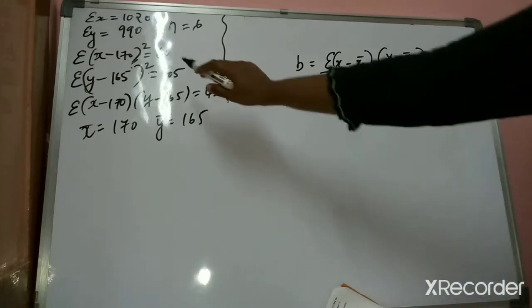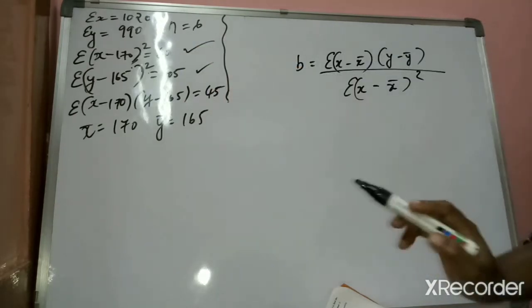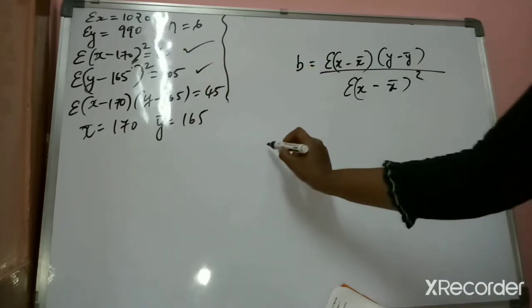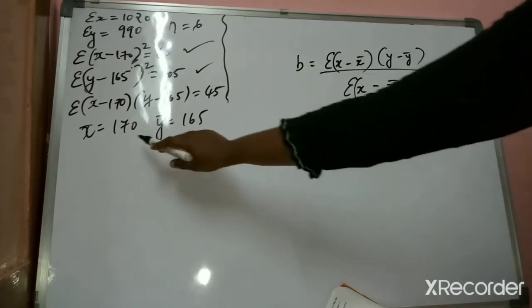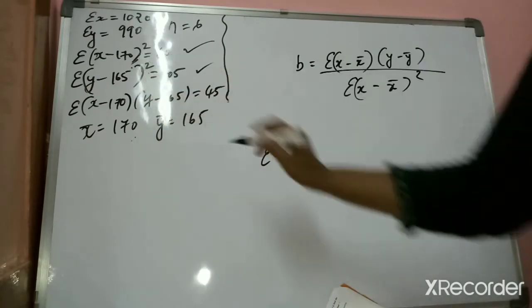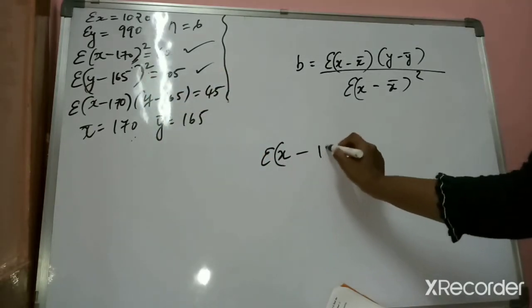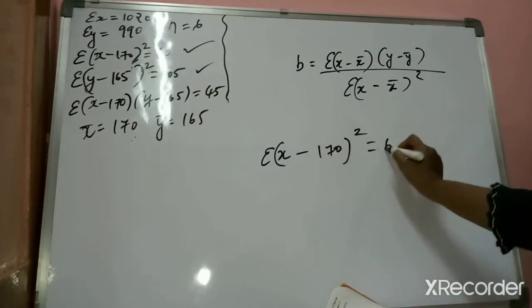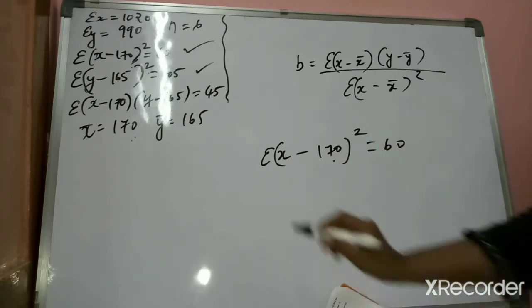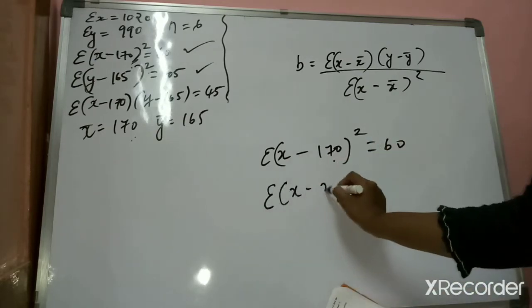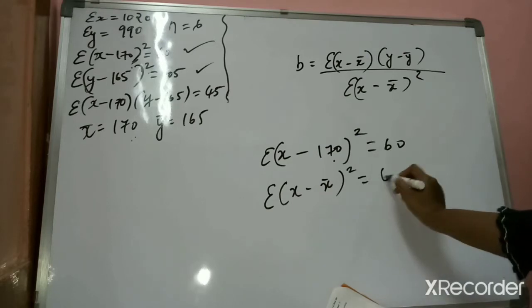Clear? Now look at these two things that have been given to you. See, x bar is known to you, 170. So you can see this is your x bar, so you can write it like this also. Whole square is equal to 60.